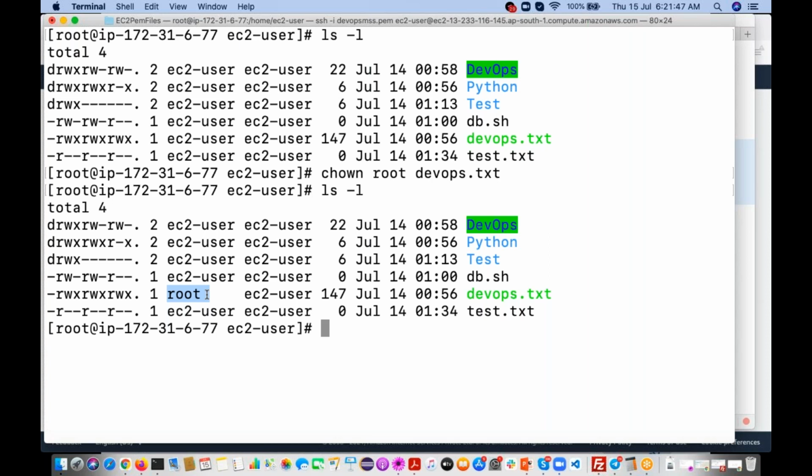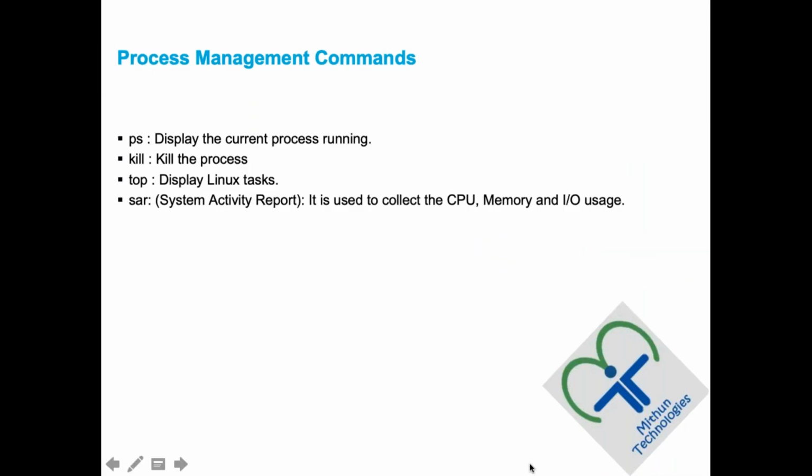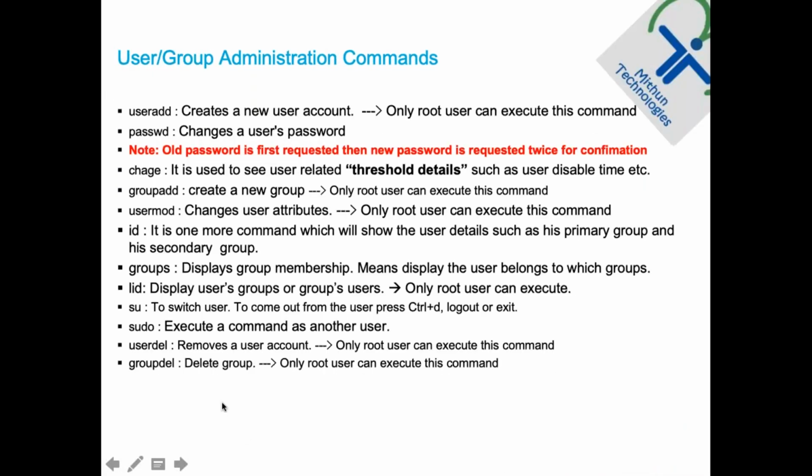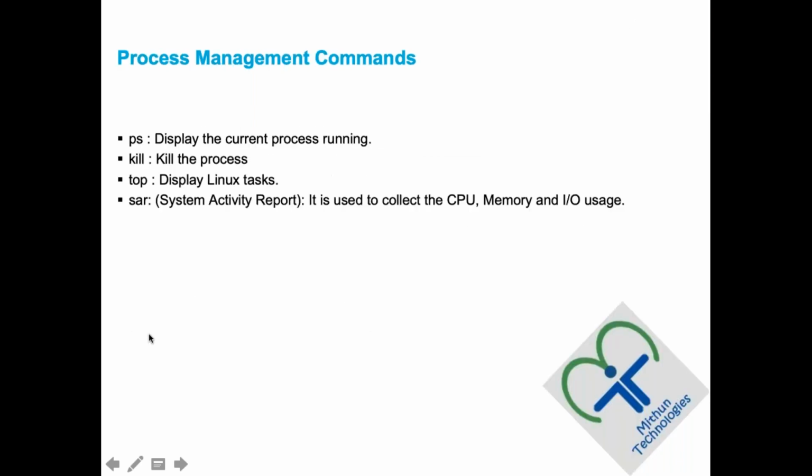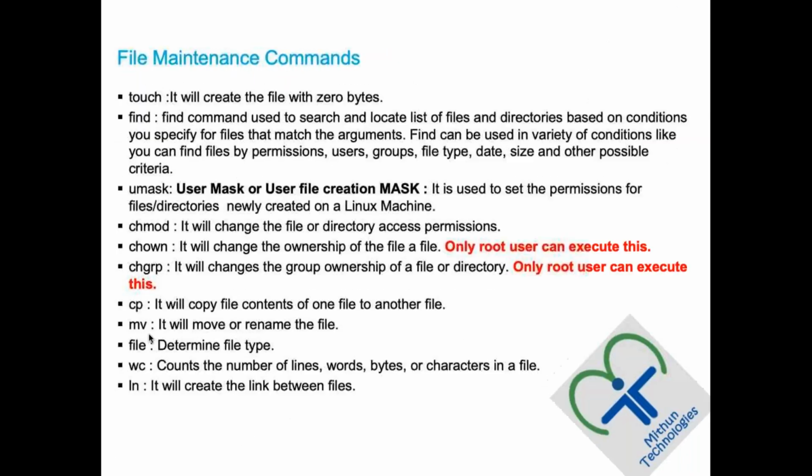Srinivas is asking, can you execute su -? We'll execute that one later. If you execute su -, it will ask for the password. Do you have a password for the root user right now? No. When we discuss administration related commands, we have a command called su sudo. We'll discuss that time; wait until then.